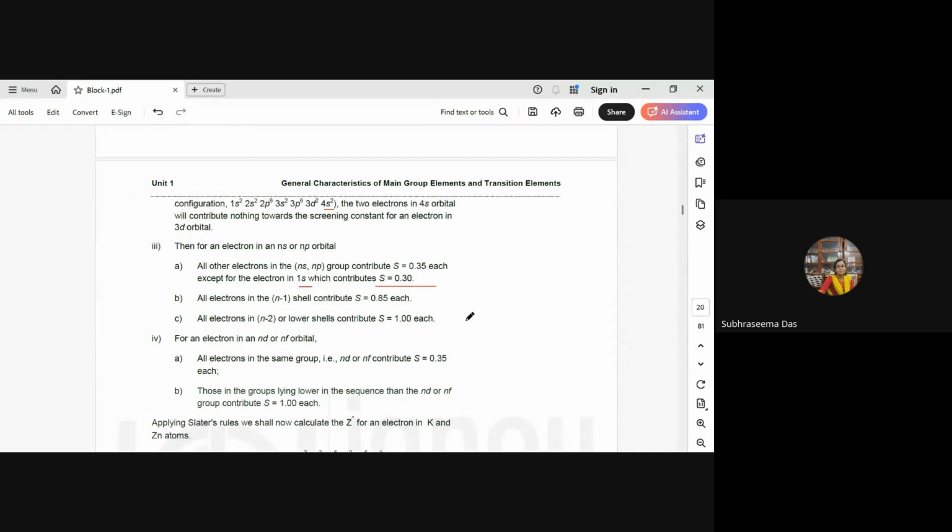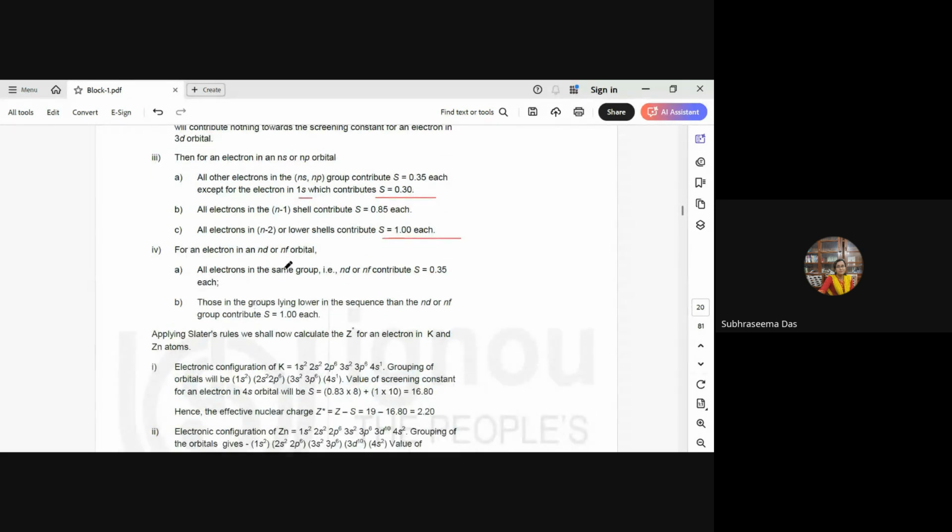The electrons in the n minus 1 shell contribute S equal to 0.85, and the electrons in n minus 2 or below contribute S equal to 1 for each electron. Now we consider an electron in an nd or nf orbital. All electrons in the same nd or nf group contribute S equal to 0.35, and those electrons that lie lower than nd or nf contribute S equal to 1.